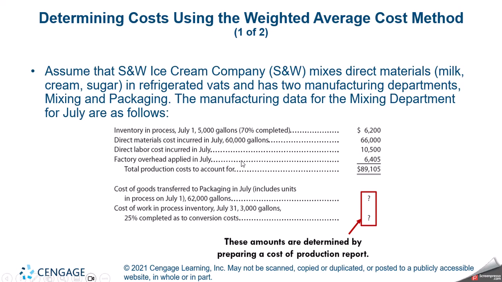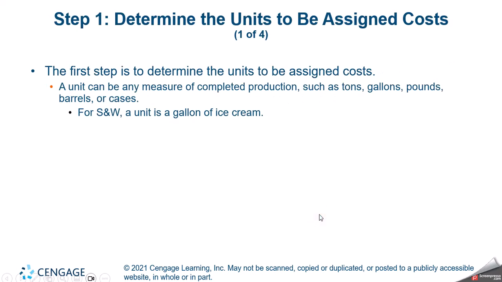So if we have our direct materials and we have 2 manufacturing departments, we have the costs that we started with, the costs that were added, our labor costs added, and then we're going to have our costs transferred. So what we're going to do is come up with a weighted average.